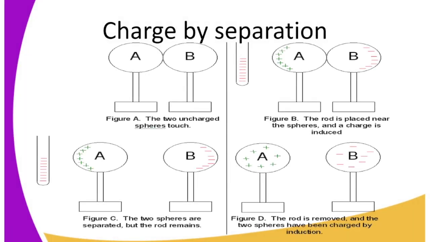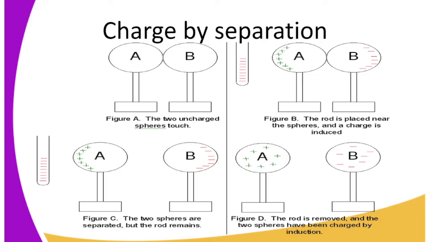Next, we have charging by separation. From our case, you can see we have two spheres there, sphere A and sphere B. What happens when we bring a negatively charged object in front of the two spheres? The negatively charged particles are going to be repelled by the object to the far end of sphere B. So we have the positively charged particles remaining in sphere A, as you can see there.